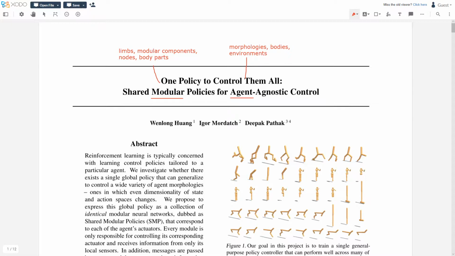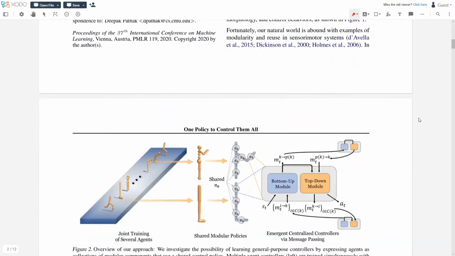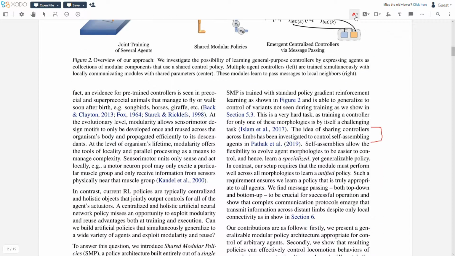And in the paper, there are several similar terms like morphologies or environments. Environments had the same meaning as the agents. And we can discover the lineage of this paper.